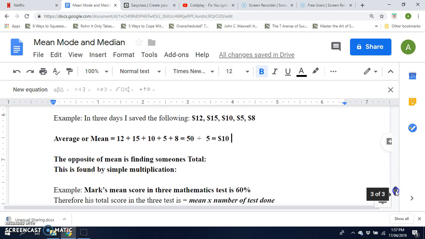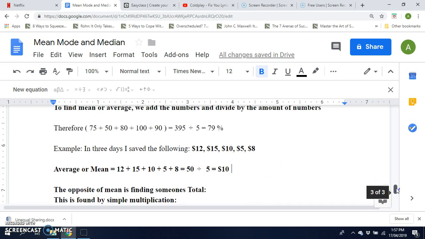And what about the opposite? The opposite of finding average is finding someone's total. So if I tell you my average is 10, then my total will be 10 by 5 numbers, 50. If I tell you my average is 79, then my total will be 79 by 5, which is 395. That's basic.